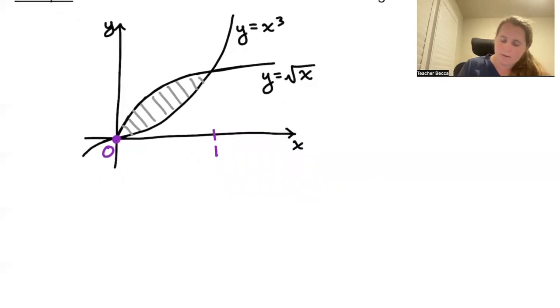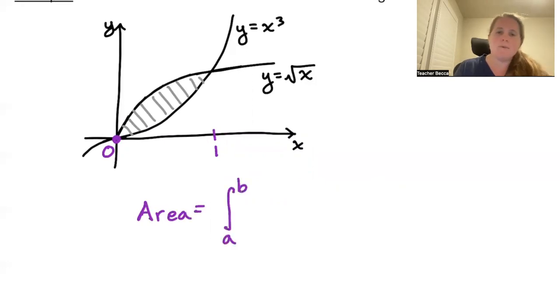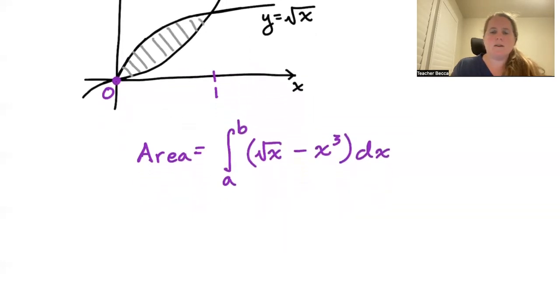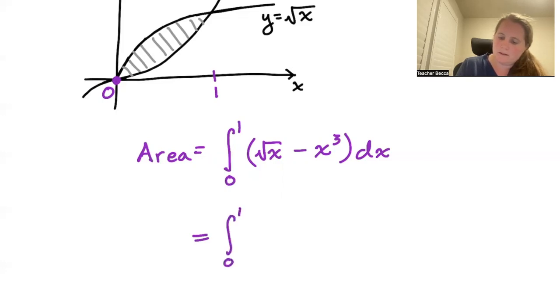So our area, our first integral of interest, we are looking at the integral from a to b of our upper equation, square root x, minus our lower equation, x cubed, dx. So we have our area is the definite integral from 0 to 1, a and b are 0 and 1, of x to the 1/2 minus x cubed dx.